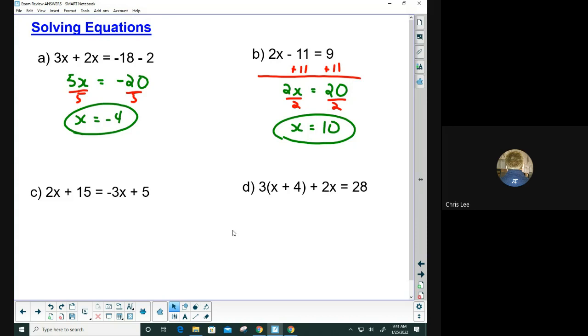So again, what we'd like to do is try and make the question easier than it looks right now. And one of the problems with this question is the letters are on separate sides, right? We've got a letter over here and a letter over there. Our strategy when solving these is letters on one side, numbers on the other.